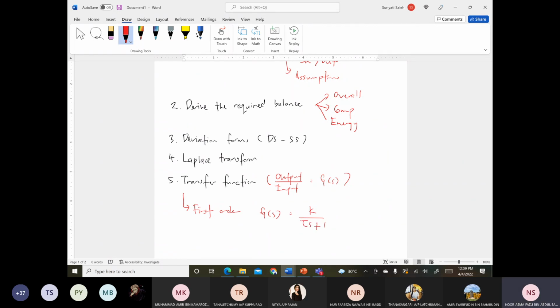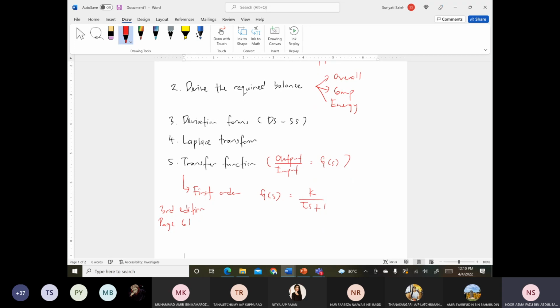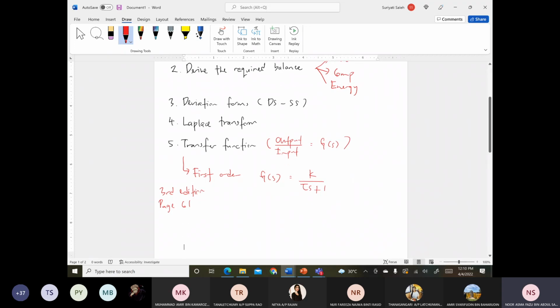If you refer to the textbook, for example, the third edition, page 61, this is the standard form for the first order.